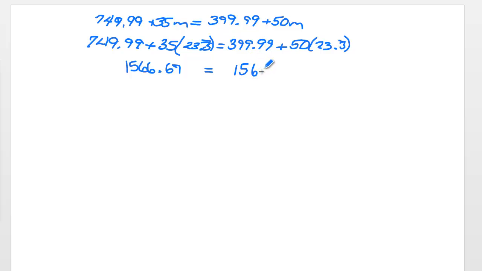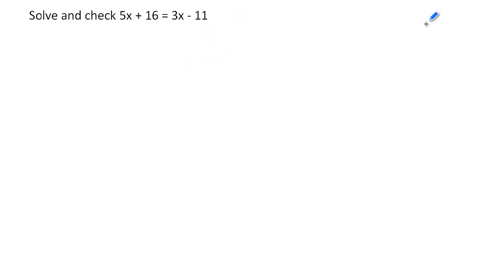So it checks out. So what this means is the total cost of an iPhone 6 Plus on both plans over roughly 2 years is over $1,500. So here's a second example.